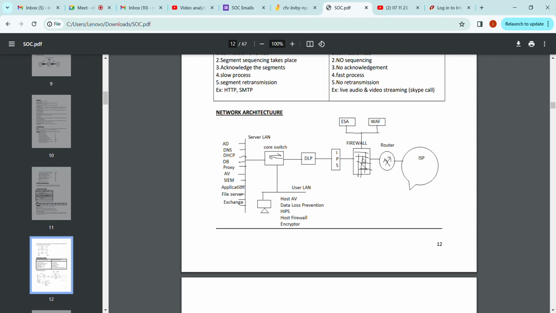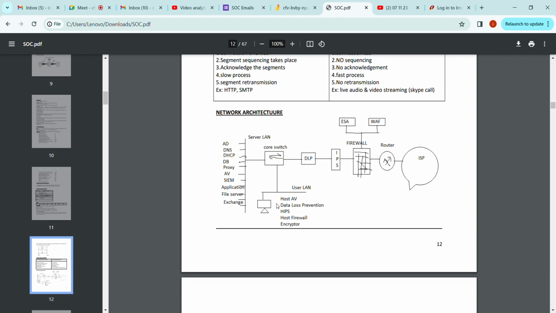Got it? So in another case, like there is a virus which has been detected. We have antivirus on this server. When the antivirus detects it, the SIEM tool will alert us and give an alarm that we have a malware or a virus which has been identified at the XYZ system or the user machine.